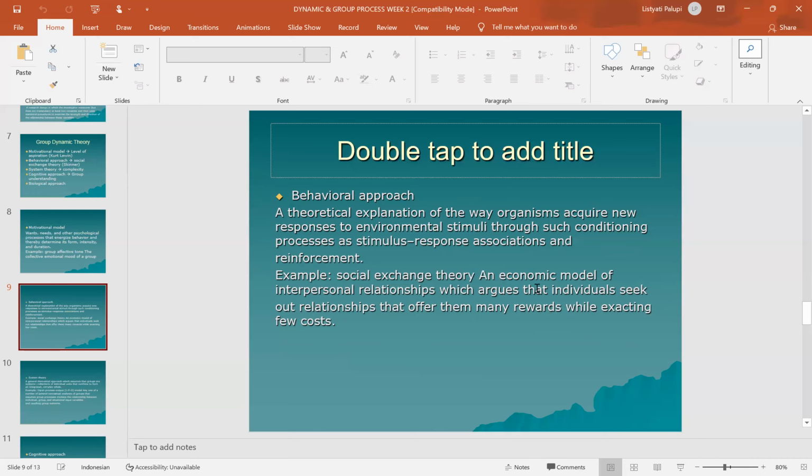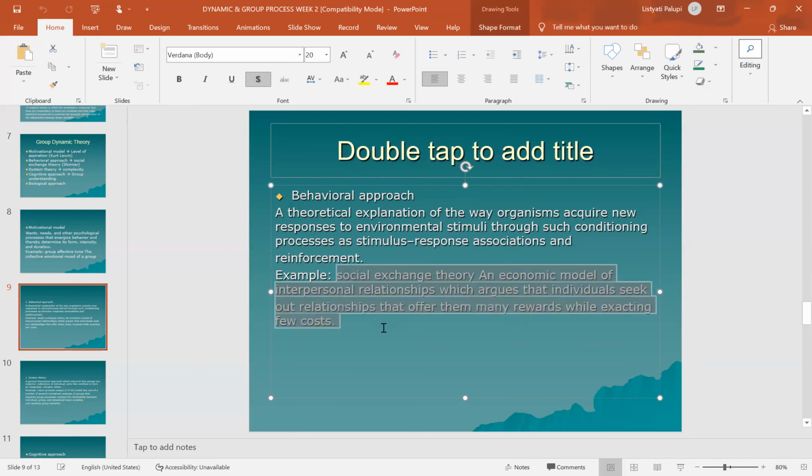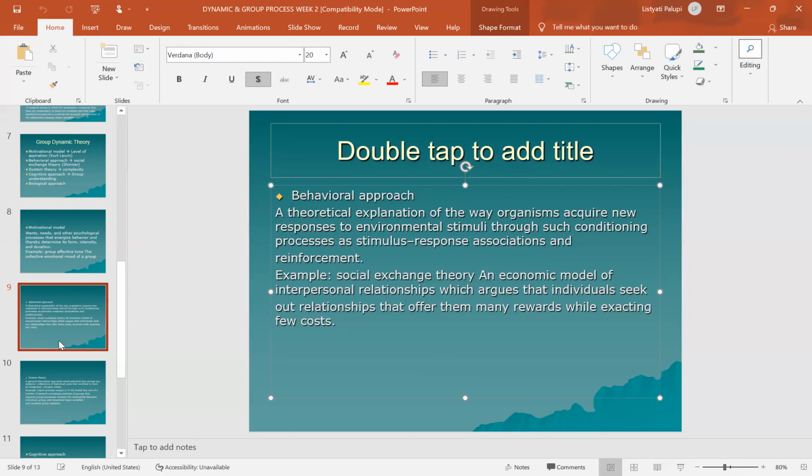The conclusion stated by social exchange theory is that individuals seek out relationships that offer maximum reward and minimum cost, and this is based on stimulus-response association. Therefore, we can say that social exchange theory is one example of a theory based on the behavioral approach.